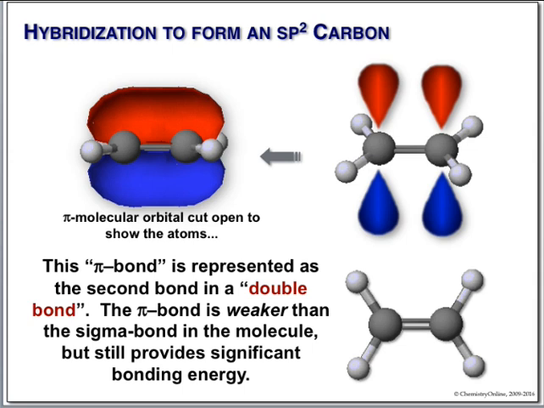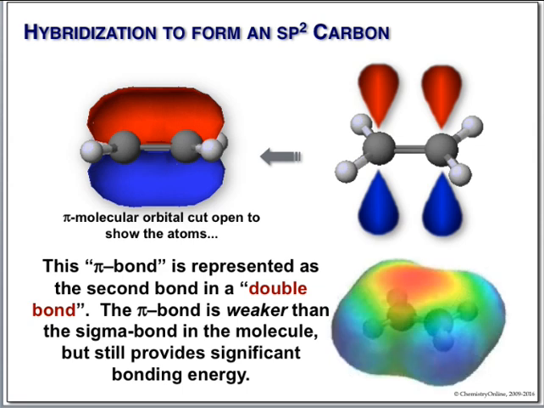Now this is really important because the pi overlap is a huge cloud of electrons. Chemistry of alkenes is going to involve that cloud of electrons. We'll see that in a second. Here's the big honking cloud of electrons.